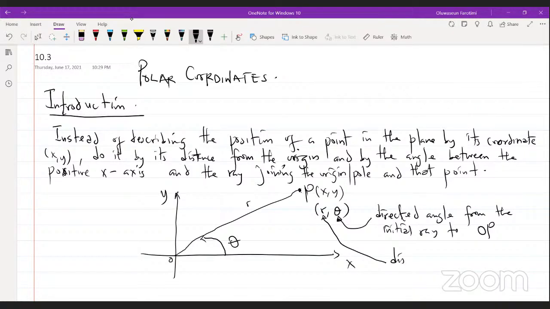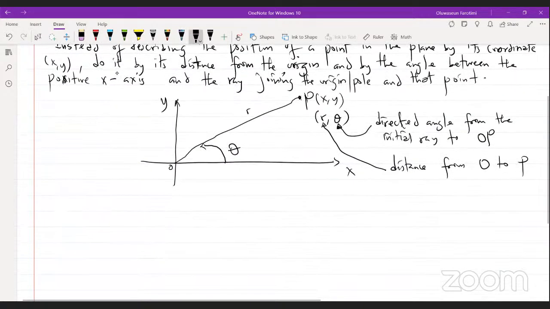We call that r the distance from the origin to the point P. The x-axis here, we refer to as the polar axis, or what we call the initial ray. And just as I mentioned, this guy is the origin. If you don't call it the origin, what else can you call it, guys? You can call it a pole.